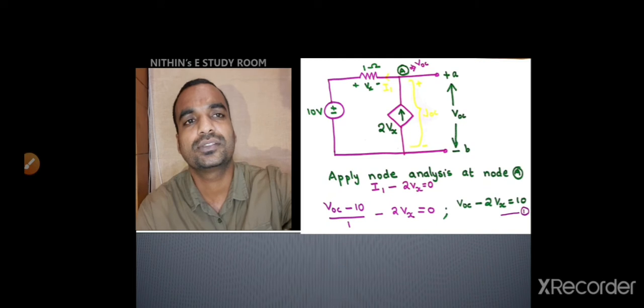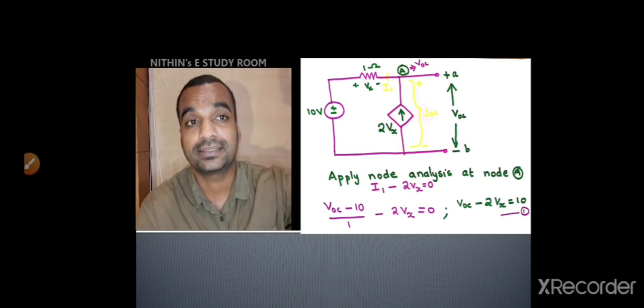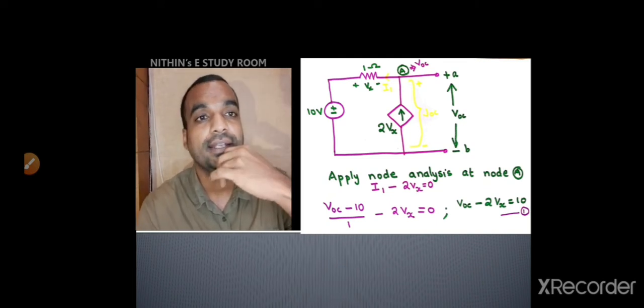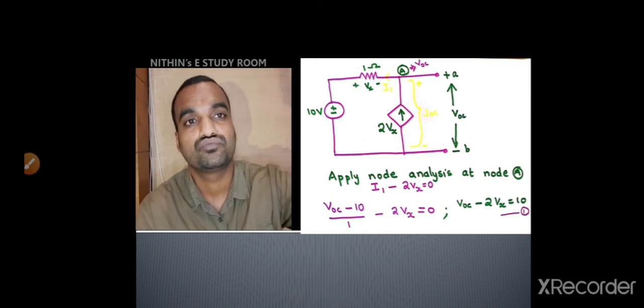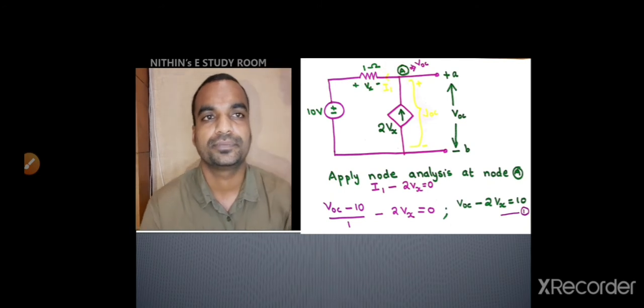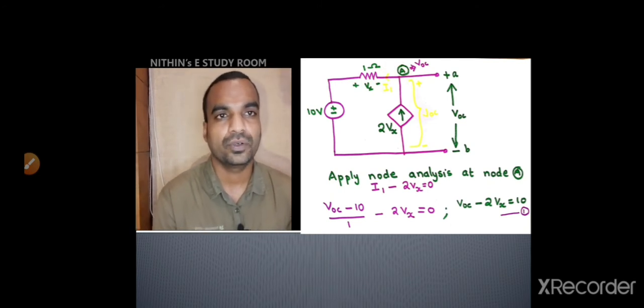So as it is towards the node, I have to take minus. And I1, this is the I1. It is also marked with yellow color. This is the I1 that is coming from this voltage source towards the node. Okay.